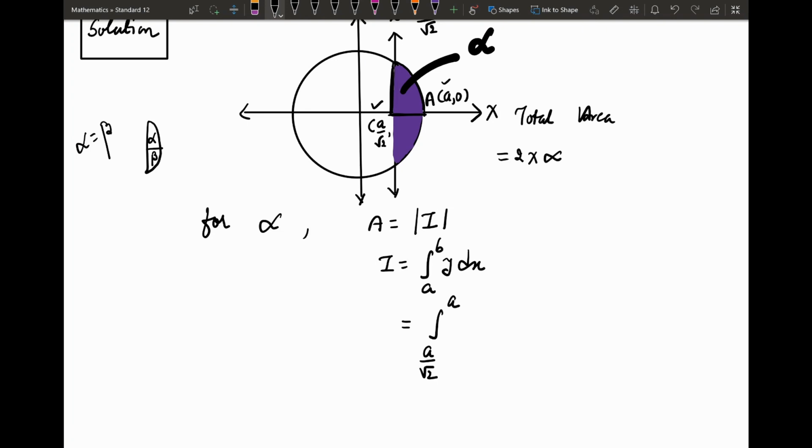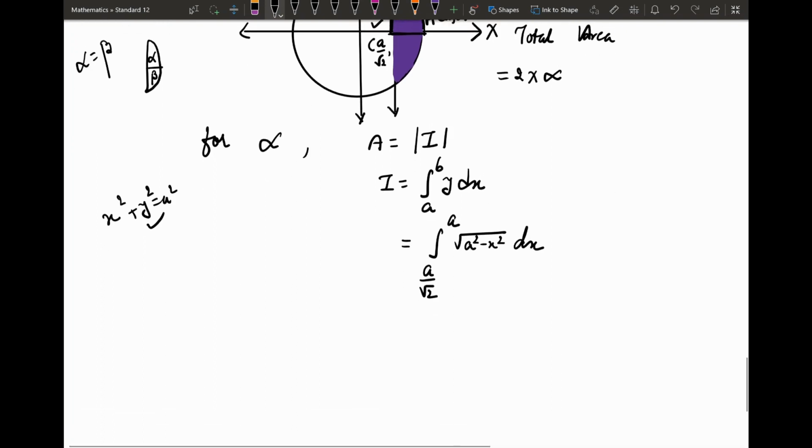From the equation of the circle x square plus y square equal to a square, we get y as a function of x, so the integral is of under root a square minus x square dx.